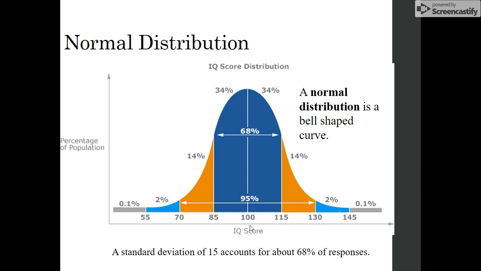So 48% of your population would be two standard deviations below the average, and then you'll have 48% above, math numbers early in the morning. So the really important thing you need to remember about standard deviation: one standard deviation is 68%, two standard deviations is 95%. And those numbers stay constant with any bell curve that you're doing.